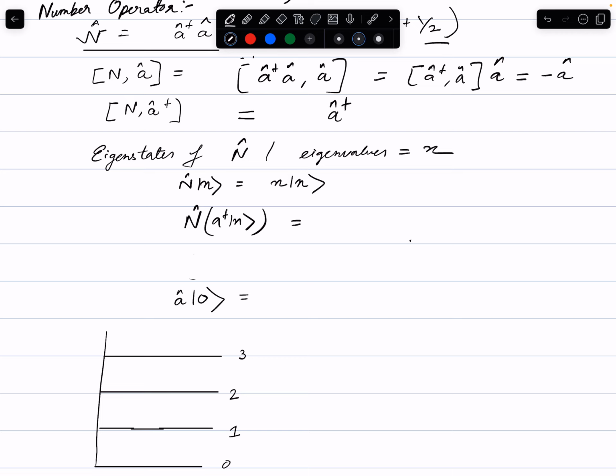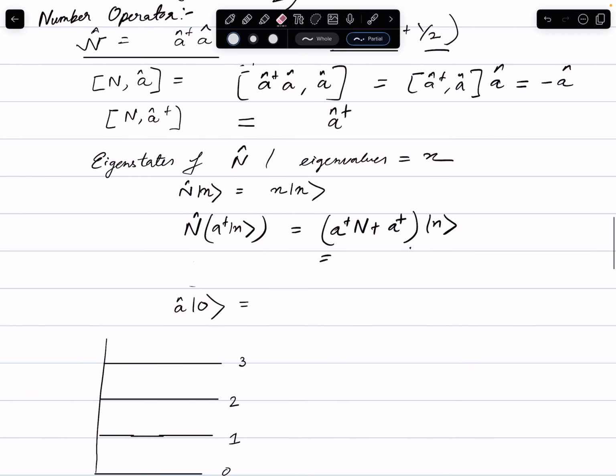So n A dagger on n is, using the commutation relations, A dagger n plus A dagger, using the commutation relations, n, and so A dagger acting on n is, so this becomes n plus 1 into A dagger into n, and thus A dagger n is actually an eigenstate of n with eigenvalue n plus 1.